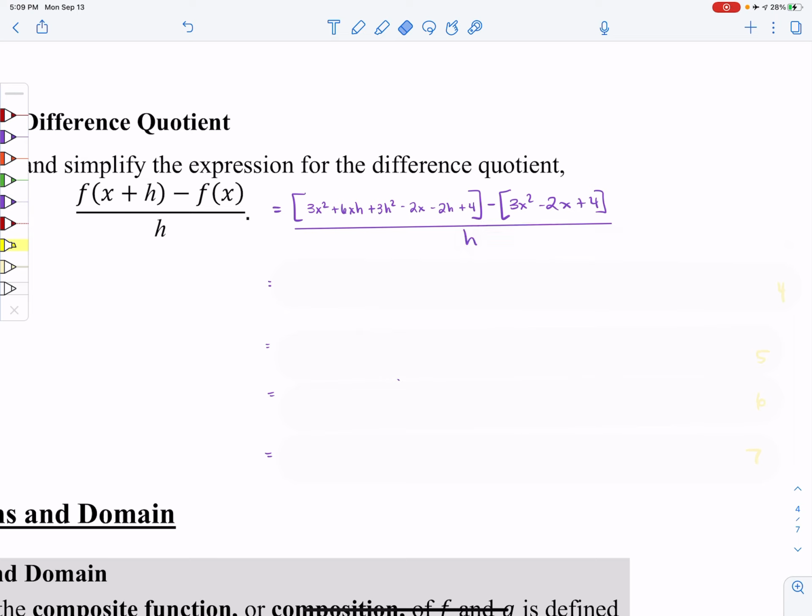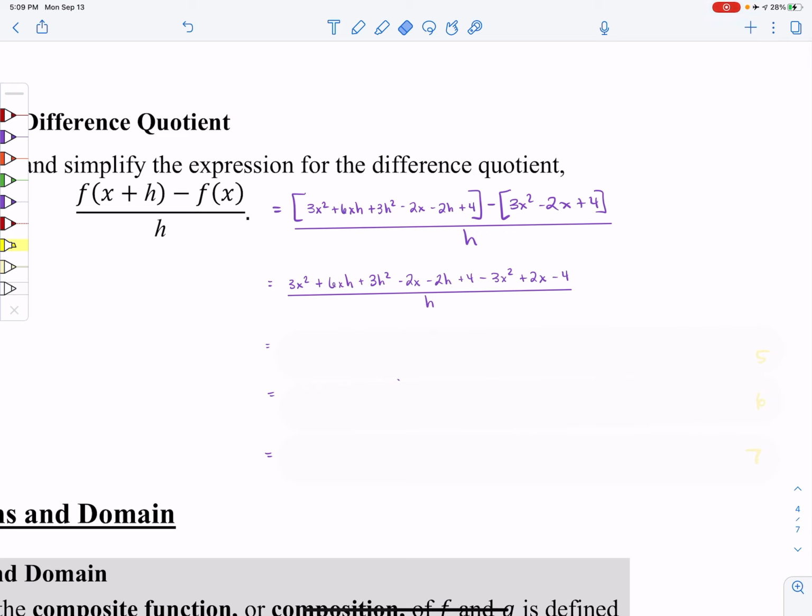Now what's next is just going to be combining like terms. Actually, I didn't even combine like terms. All I did was rewrite it without that minus sign. I took my minus sign and I distributed it, sorry, that's hard to say, to all 3 terms here. So that's all that you see in this next step, I was just distributing the negative.